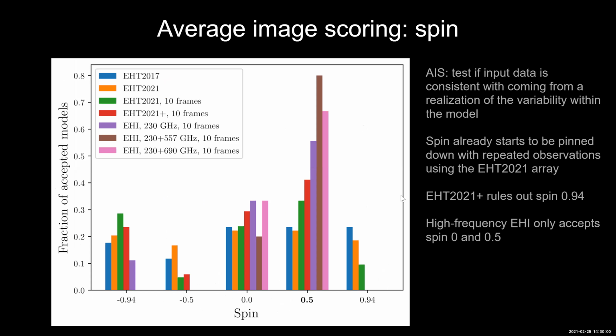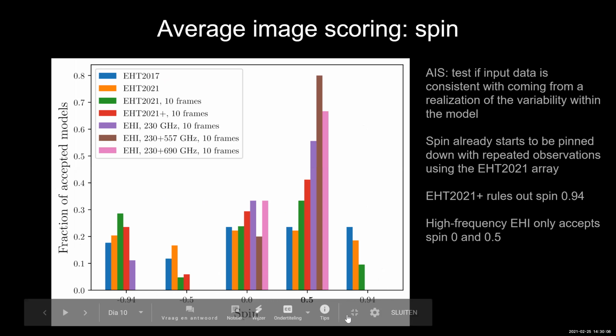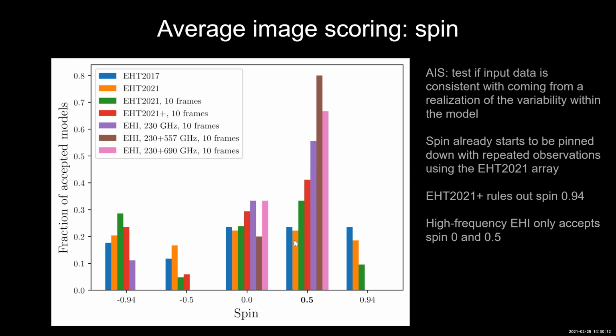Yeah, sorry. So maybe I should have explained this in a bit more detail. What we did here is we took a simulation, a geometry simulation of a spin of 0.5, and then simulated observations from that, and then saw which of these models, when we fit the synthetic data, are still acceptable.